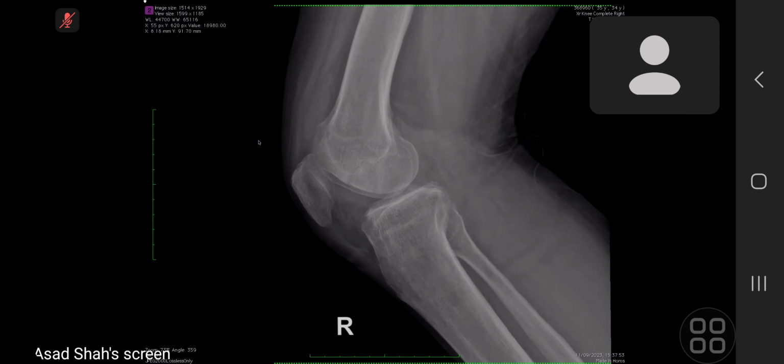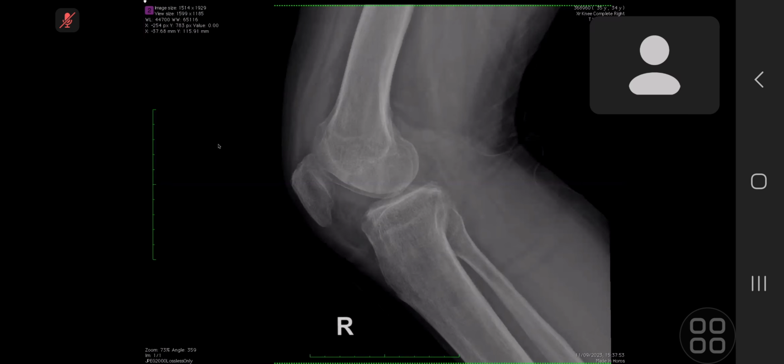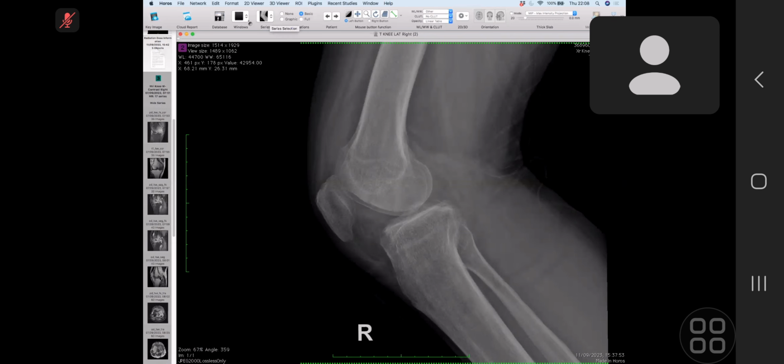So this patient has knee pain and has an effusion. The next step will be to do an MR, isn't it? Yes, I'd like to proceed with MRI. So let's see the MRI.